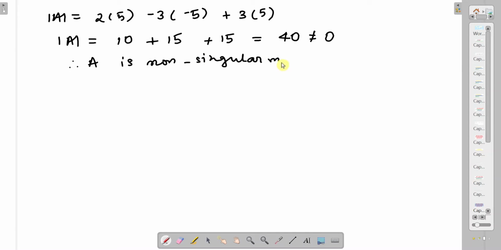And therefore A inverse exists. So now let us find A inverse. For that we have to find the cofactors of matrix A. So A11 will be equal to minus 1 raised to 1 plus 1.